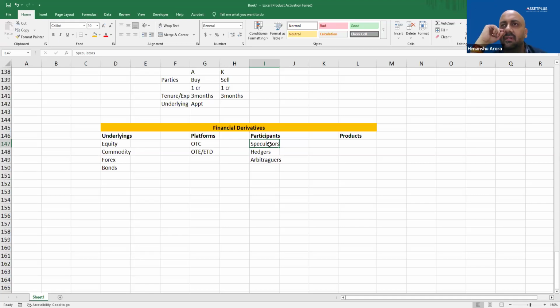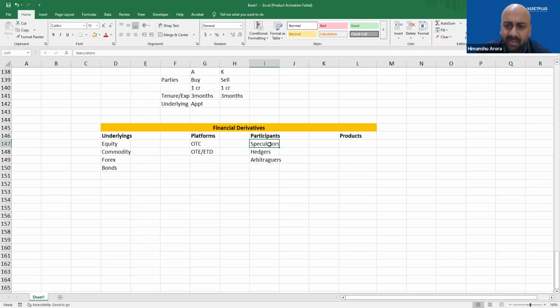Who is a hedger? A hedger is the one who enters the market. Listen to me very carefully. A hedger is the one who enters the market only for the purpose of mitigating the price risk. He does not have an opinion about the market. So for example, a farmer enters into this contract to sell his wheat at 10 rupees per kilogram.